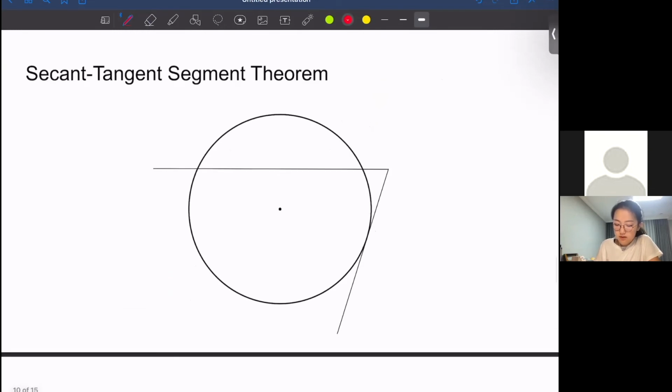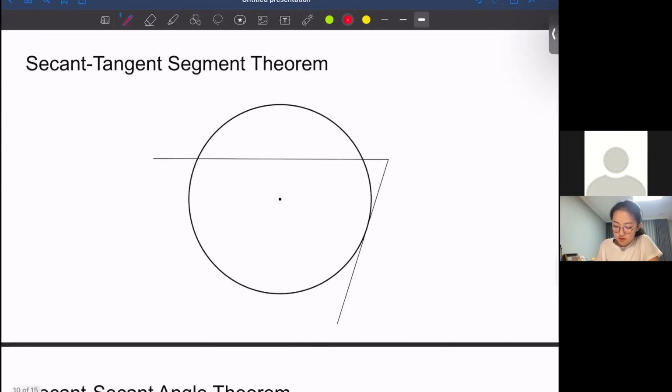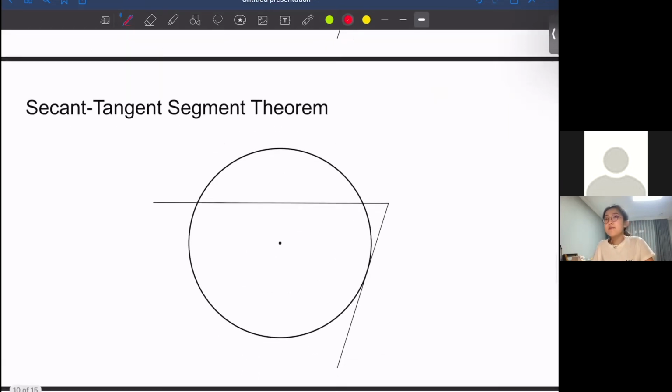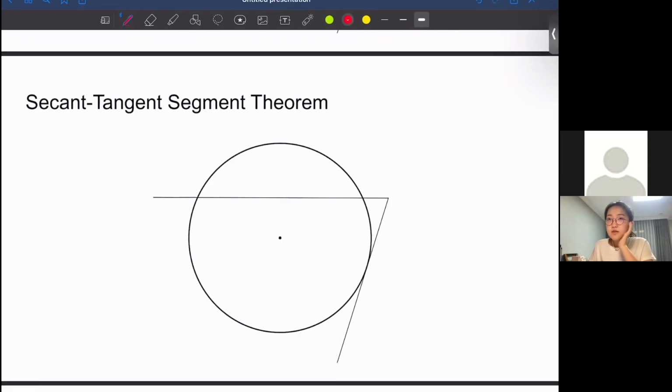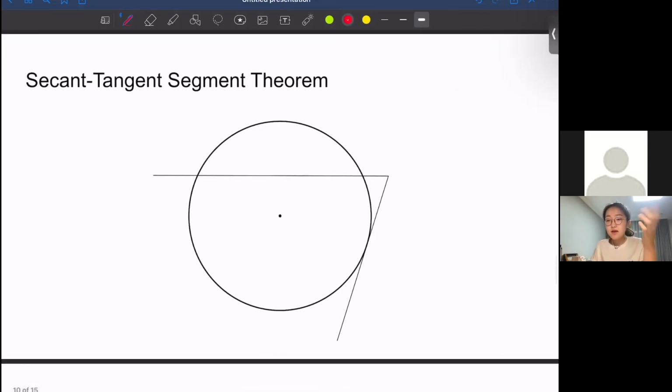And the next is the secant tangent segment theorem. This is different from the angle theorem as it addresses the nature of the segment, not the angle.